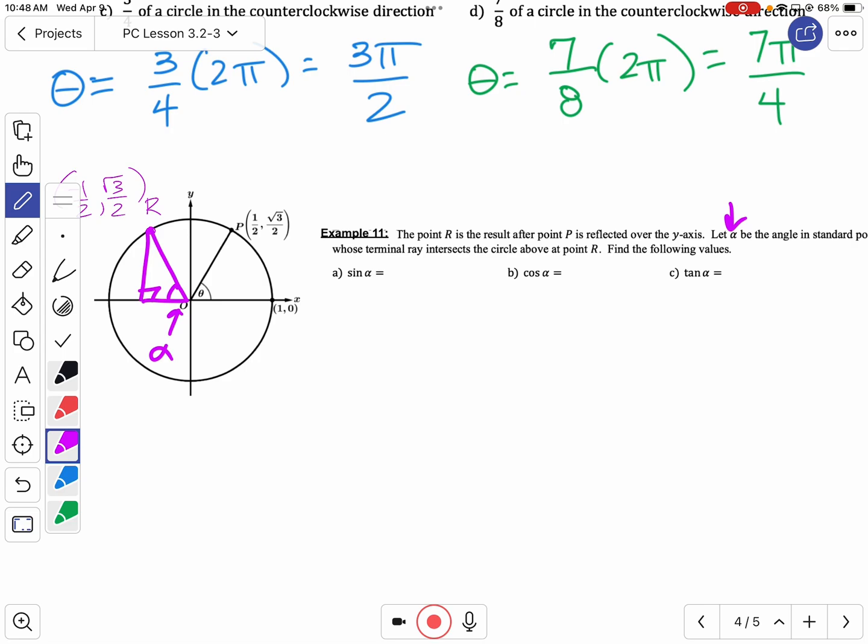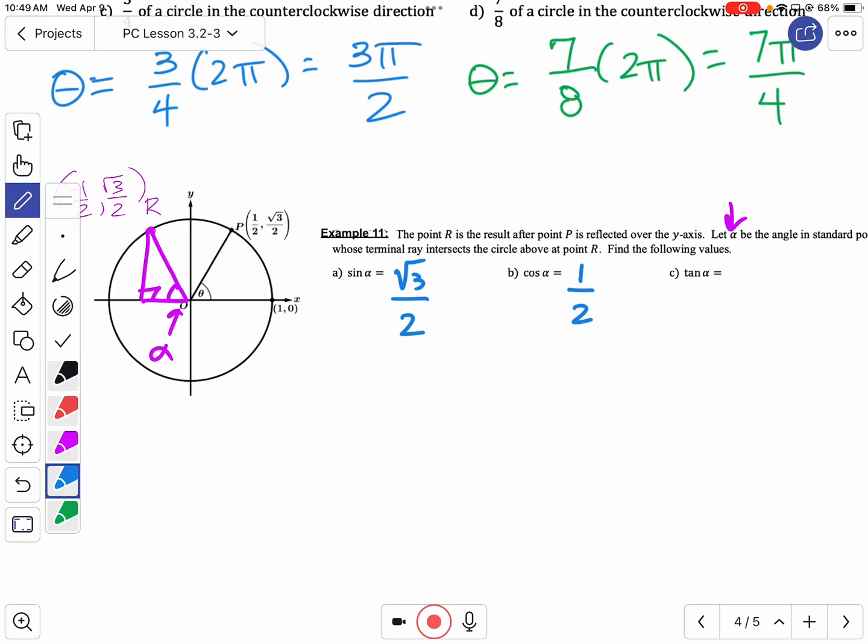I don't have to go through the right triangle and get crazy hypotenuses and all that kind of stuff. So what would the sine of alpha be? Which coordinate? The y coordinate. So it would be square root of 3 over 2. What would cosine of alpha be?